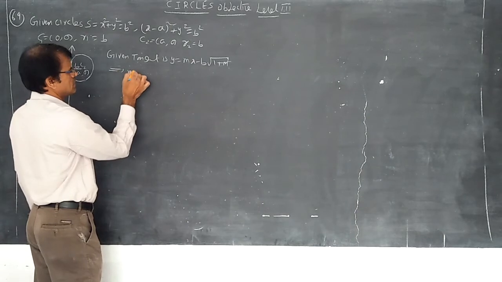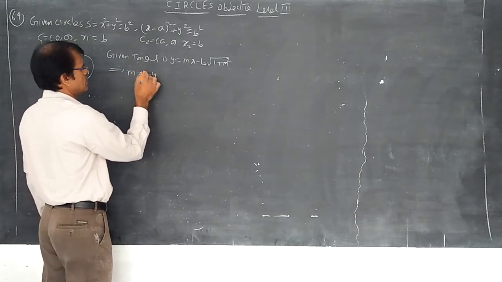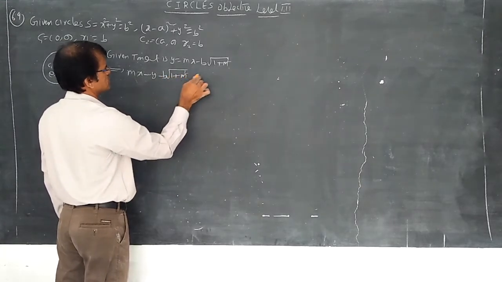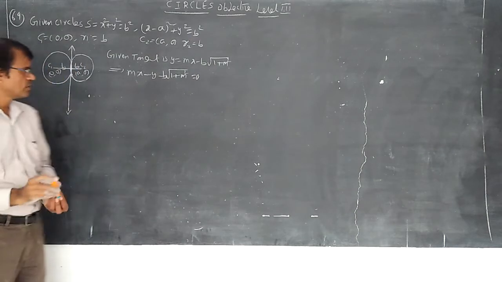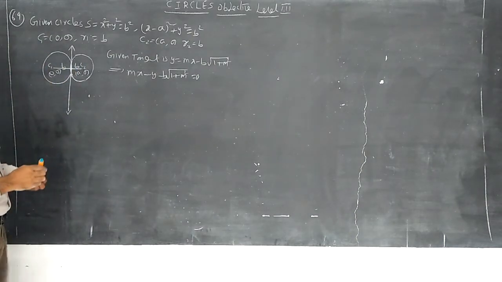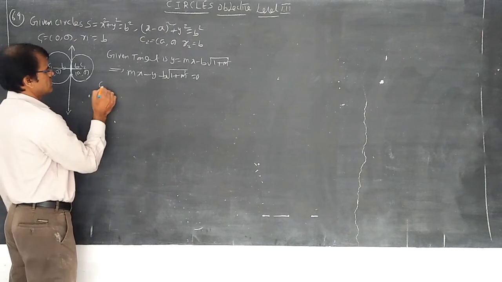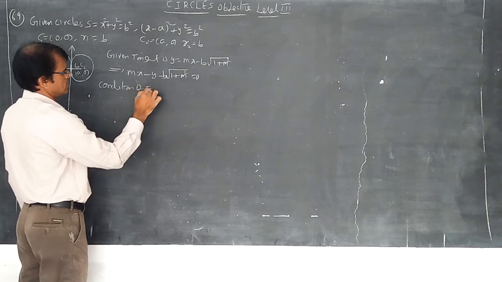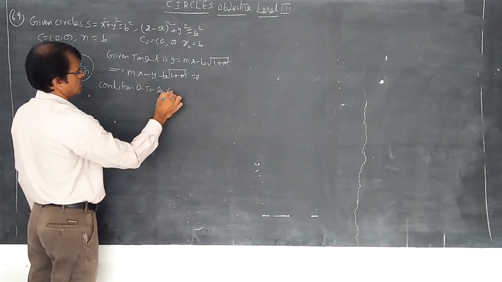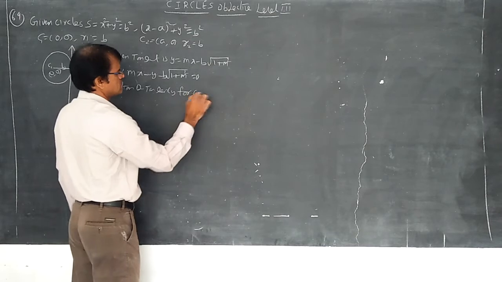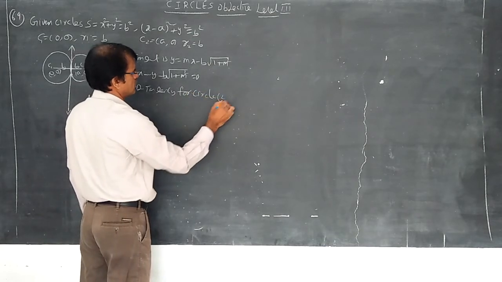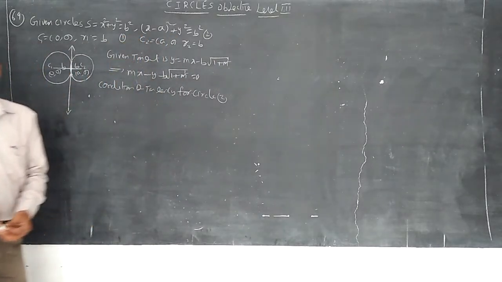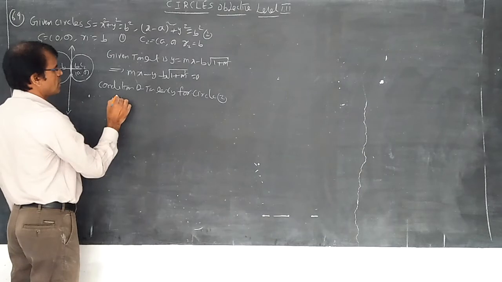That implies, let us write the x term first, then the y term: mx minus y minus b into root of 1 plus m square is equal to 0. Now let us discuss the condition of tangency for the second circle. This is the second circle, this is the first circle. Condition of tangency for the second circle, using R is equal to b.